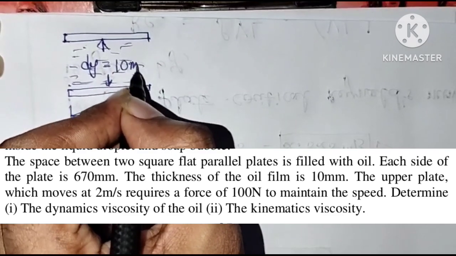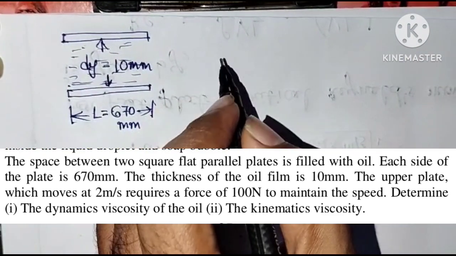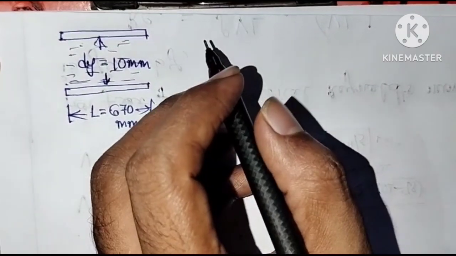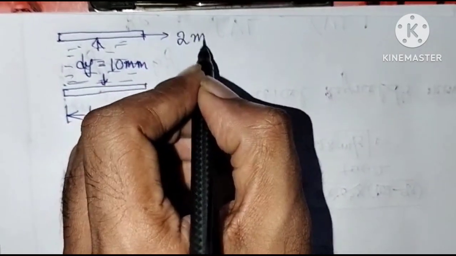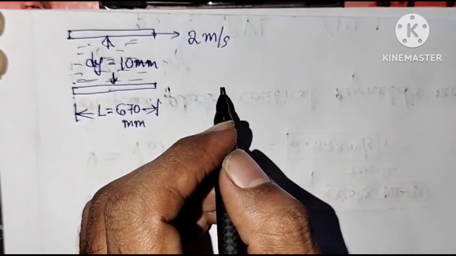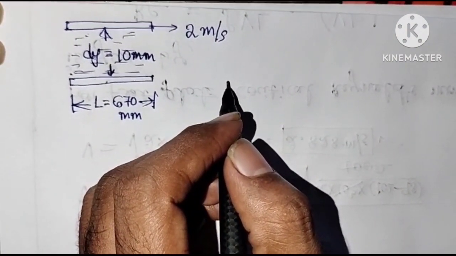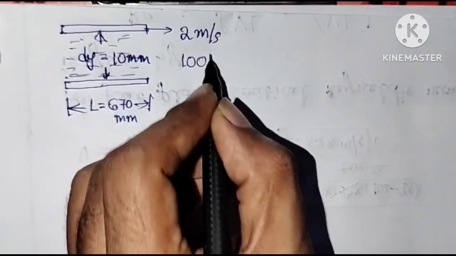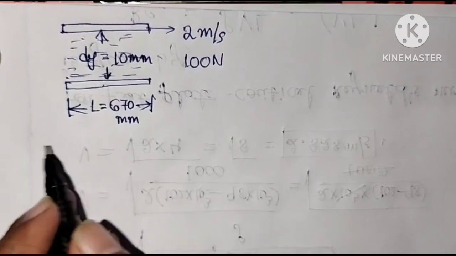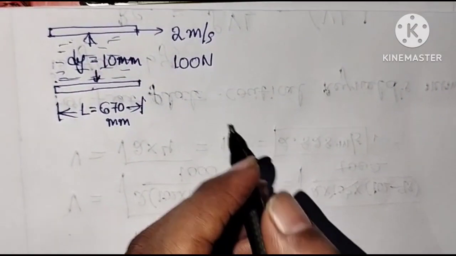The upper plate moves at 2 meters per second, and a force of 100 Newton is applied to maintain the speed. At last we have to find dynamic viscosity and kinematic viscosity.